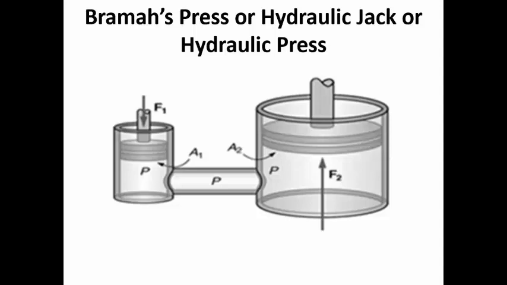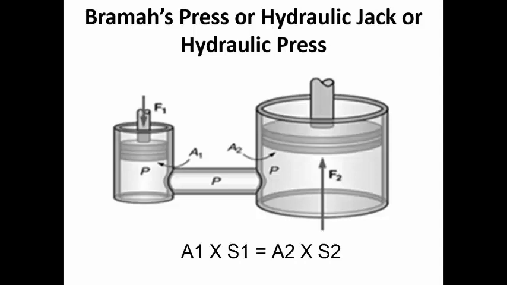If S1 is the distance traveled by the piston in the first cylinder, and S2 is the distance traveled by the piston in the second cylinder, then we can say that the volume of fluid leaving cylinder 1 will be equal to the volume of fluid entering cylinder 2. So the volume of fluid leaving cylinder 1, A1 multiplied by S1, will be equal to A2 multiplied by S2.